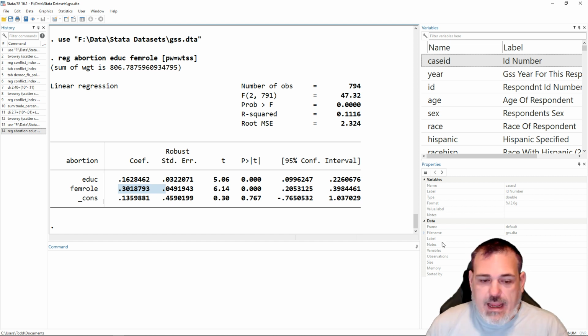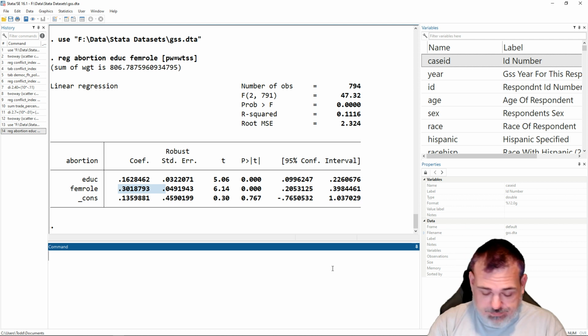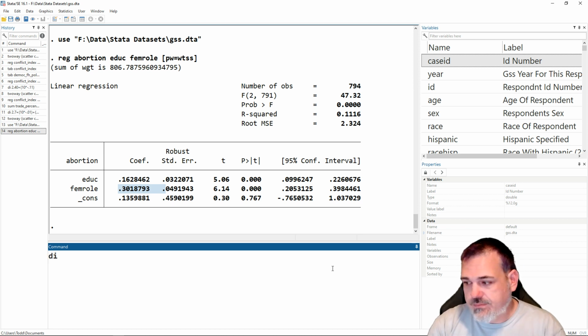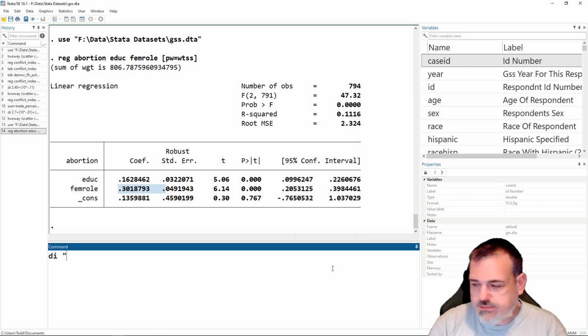Now, how do you get this adjusted R squared? All you do is, I'll do it exactly as the book showed it. But it's very easy. That's the equation.